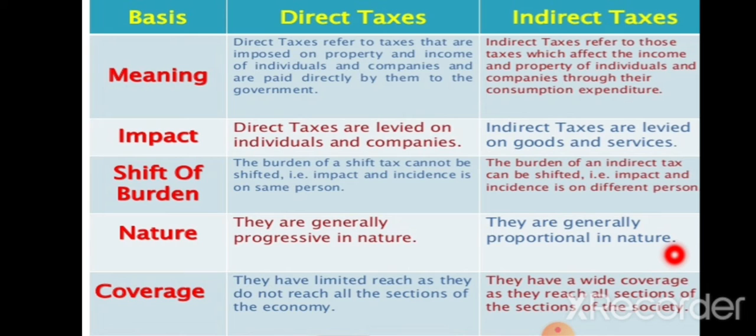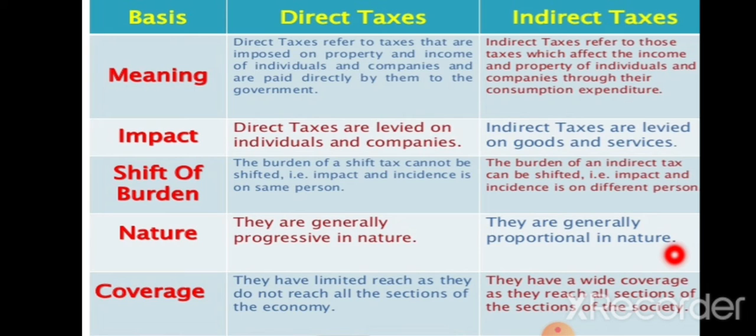Their tax burden cannot be shifted onto others. For example, income tax is levied on individual persons on the income earned by them in a year. Every person who is liable to pay tax has to bear the burden of this tax himself. Similarly, corporation tax is levied on the profits of the company and is paid by the company itself.